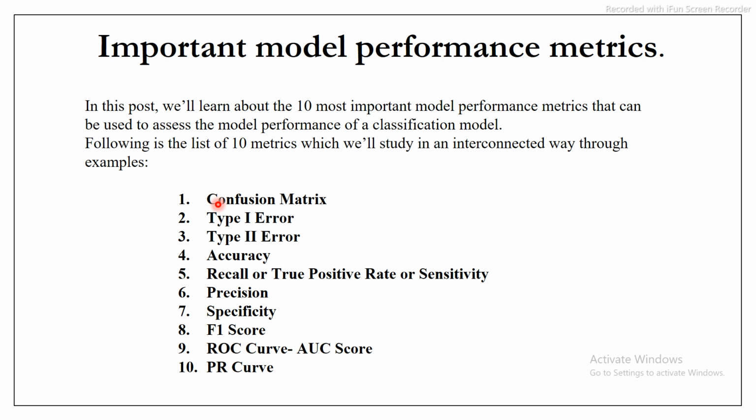Then recall and precision, then F1 score, then ROC AUC score, then something called the PR curve. These are some metrics, and depending on the situation, you may want to check the ROC curve, how much your model has performed, or take only the precision.